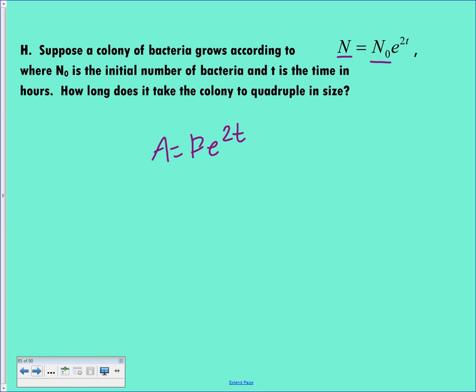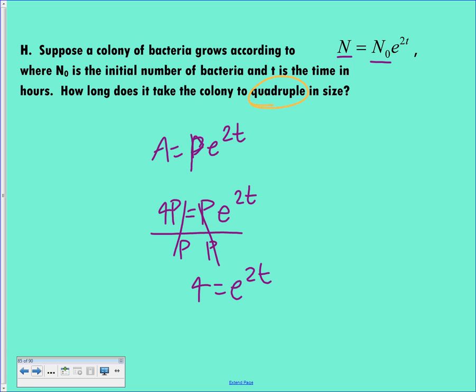If you don't like them, go ahead and just write them back here. And this time I want it to quadruple in size. Again, I don't know how much I started with, so I'm just going to call that P, but I know quadrupling in size would be 4 times P. So then I have P e to the 2t, and I'm solving for t, so I can divide each side by P. So I'm going to have 4 equals e to the 2t.